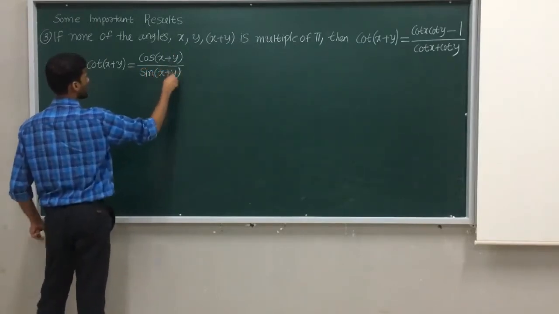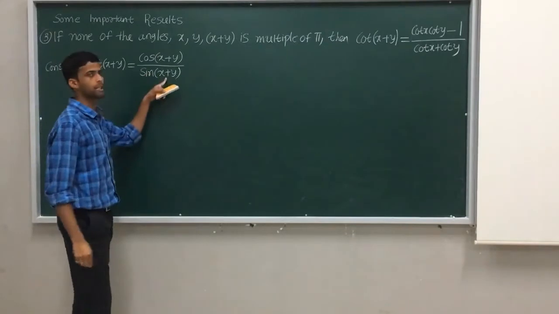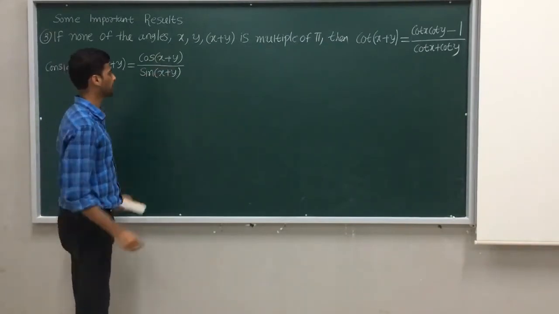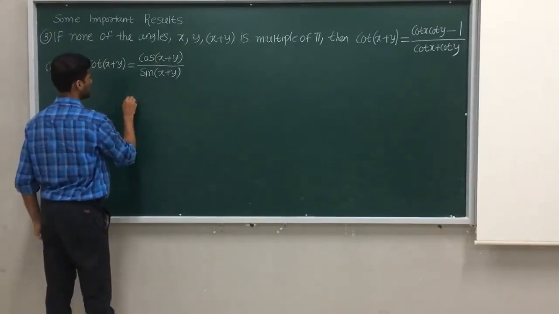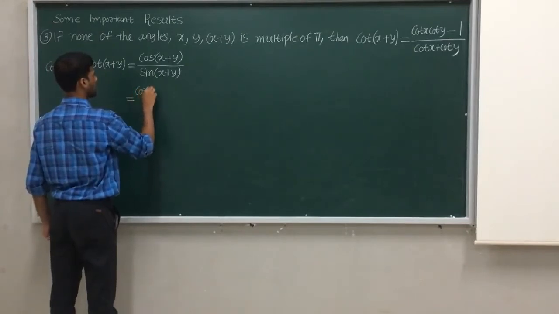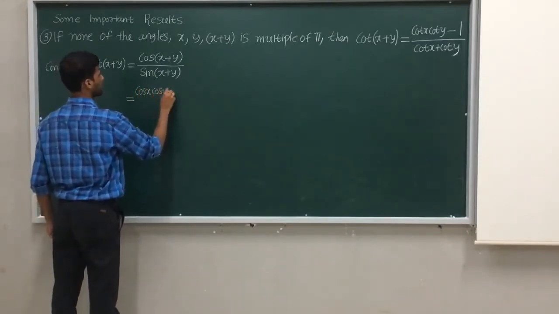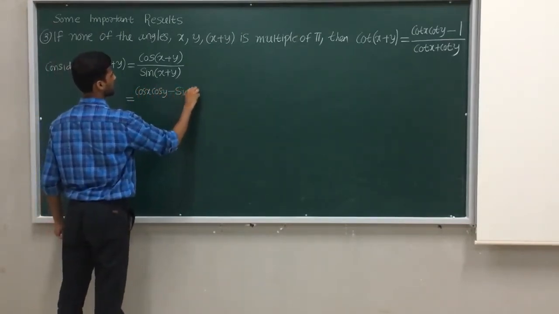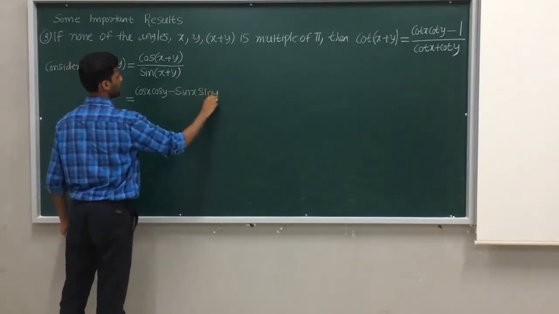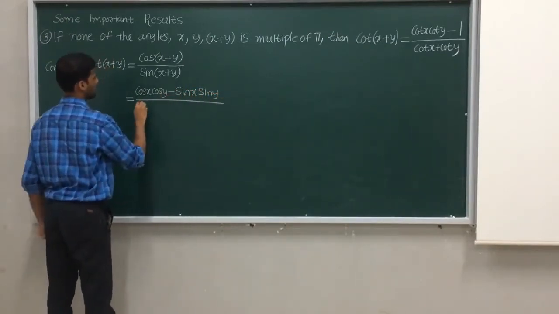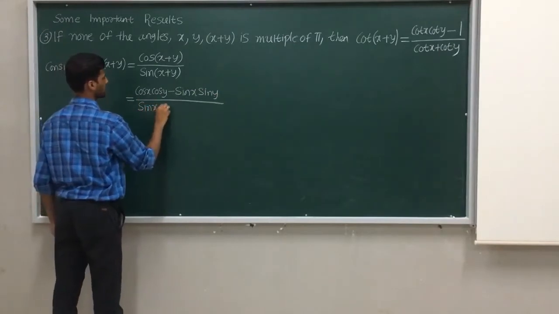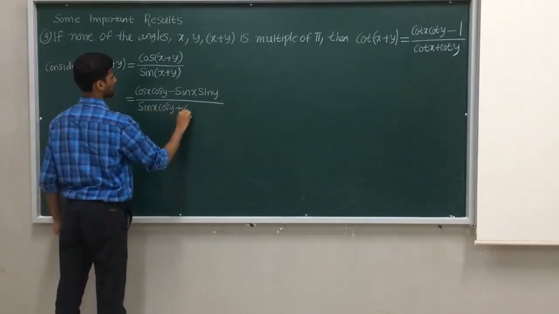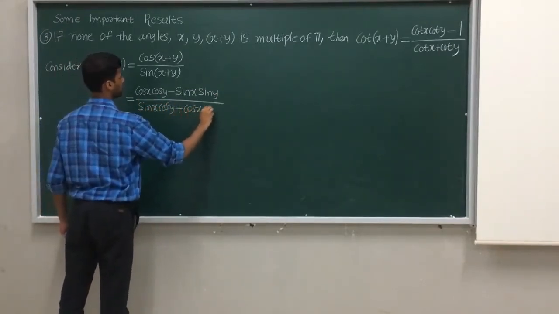Now you got the idea why they don't allow multiples of pi: sine of any multiple of pi is 0, and any number divided by 0 is infinity, so that's why they ruled out this case. Cos of x plus y can be written as cos x cos y minus sin x sin y. That is from the previous video. Sin of x plus y is again sin x cos y plus cos x sin y.